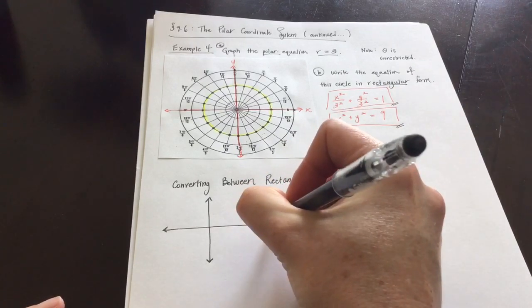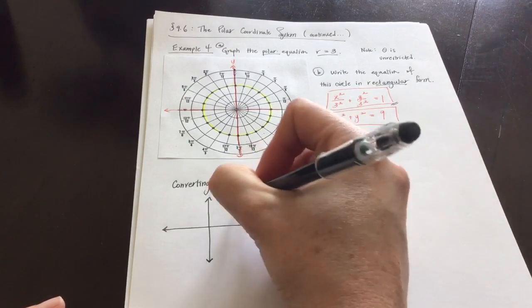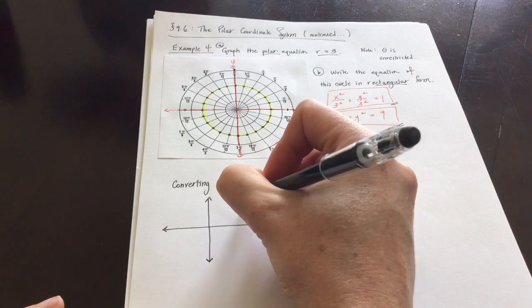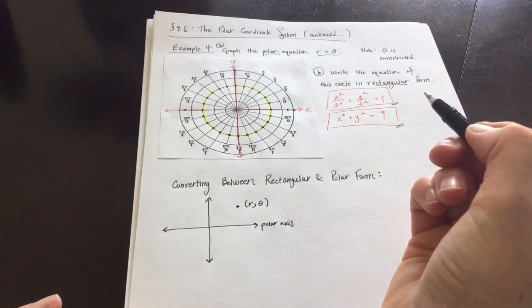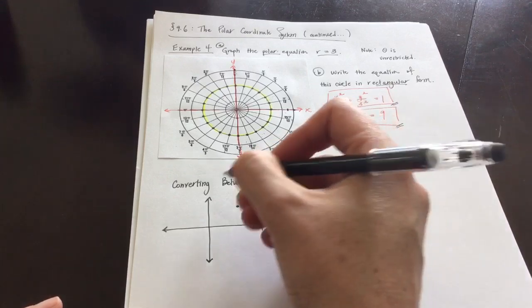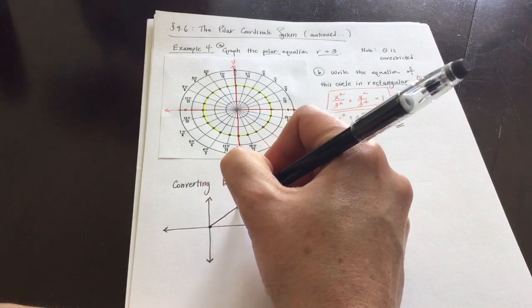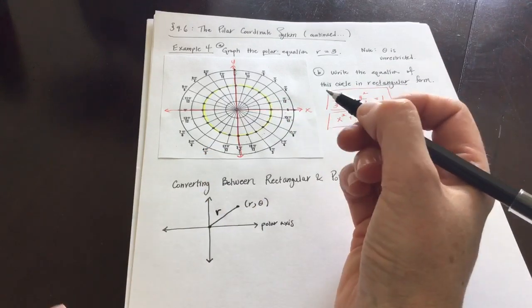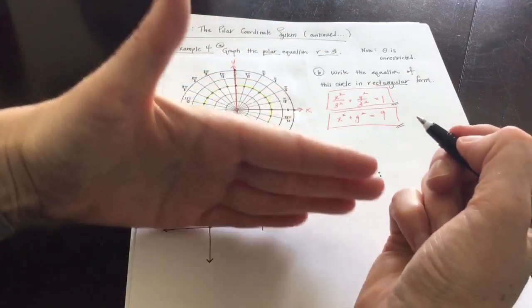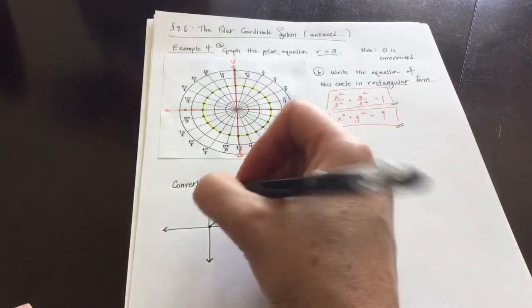So this is the polar axis, for example. If this is a point in a polar plane, it would have a coordinate pair that looks like (r, theta). What would the significance of r be? Well, r would be the distance from the pole out to this point. And what would the significance of theta be? Well, it would be the angle that you rotated counterclockwise from the polar axis.